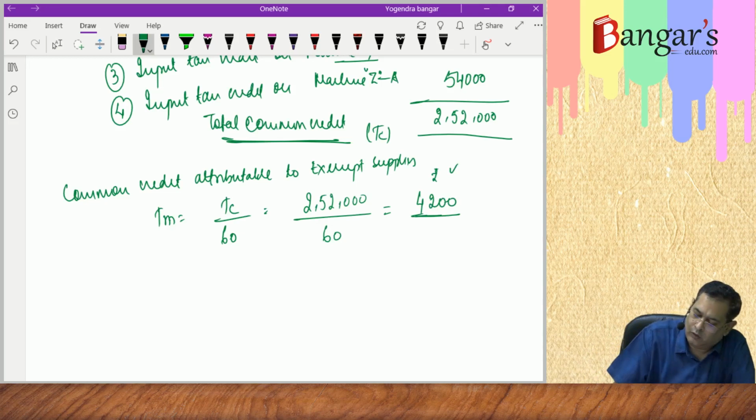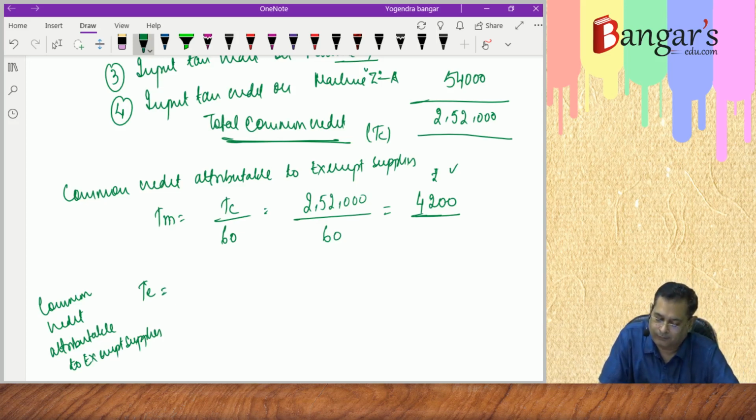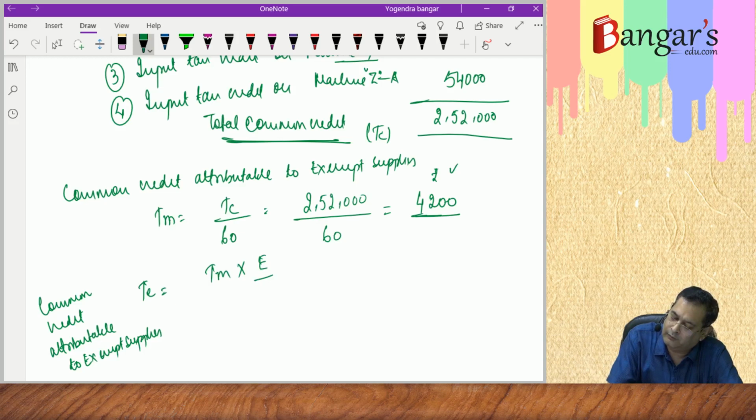Now, common credit attributable to exempt supplies, TE, is equal to TM into E divided by F. E is the value of exempt supplies.